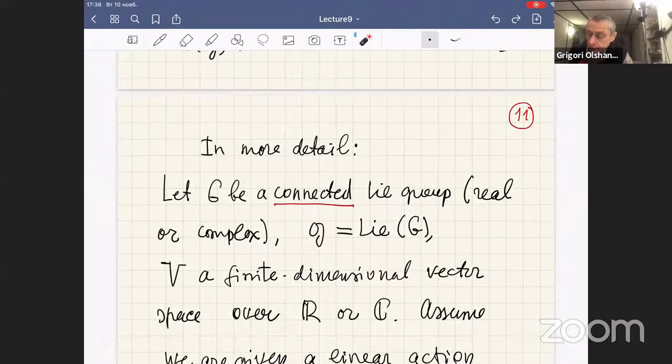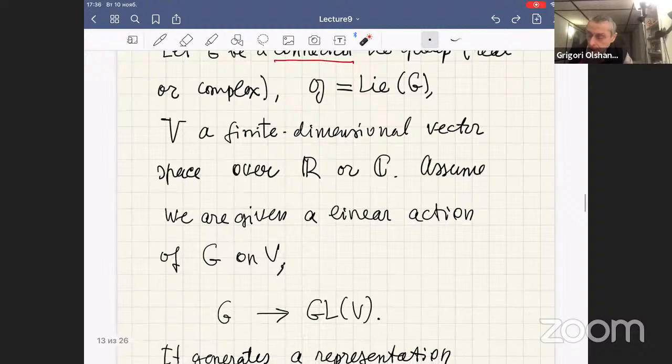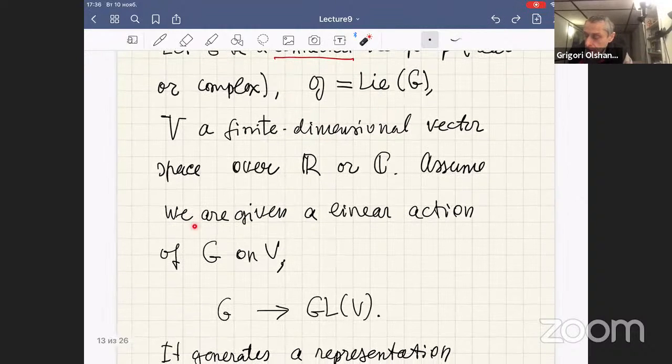Assume again that you have some Lie group which is connected, real or complex, no matter, and G is the Lie algebra of this group, and you have some finite dimensional, it's important here, finite dimensional vector space over the same field, R or C, and assume that you are given a representation of our group on this space, or linear action, this is the same.